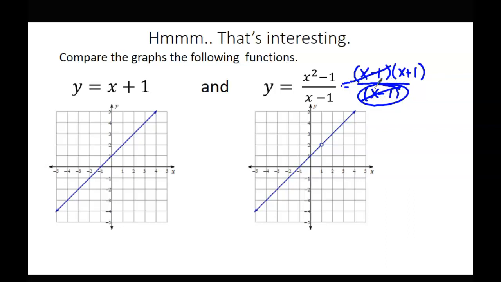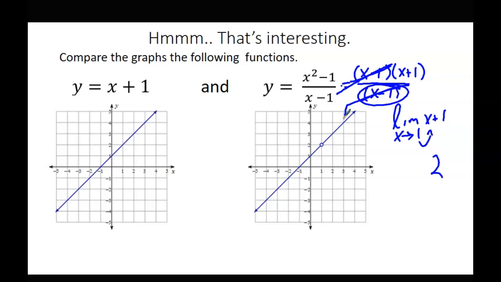But here's the thing. If I were to factor this and rewrite it like this, and then I tried to find the limit, can I use direct substitution now? And what would I get? The answer. What I did there was I removed the factor that was causing it to be discontinuous.